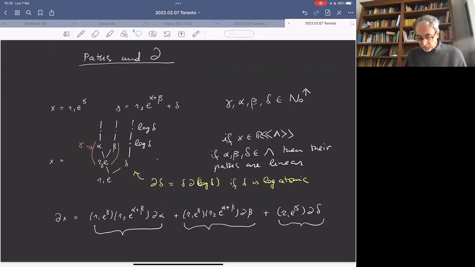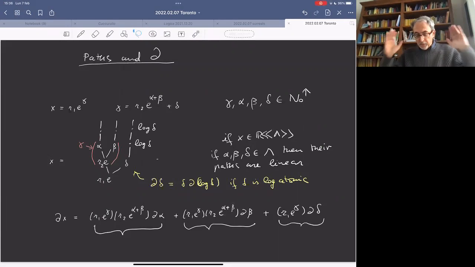But of course, this will be true regardless of whether alpha, beta, and gamma are logatomic or not. But if they are logatomic, you already know how to compute the derivatives. So maybe they are, for instance, iterated logs of omega. This is the best case.